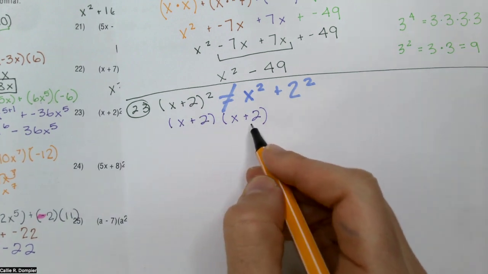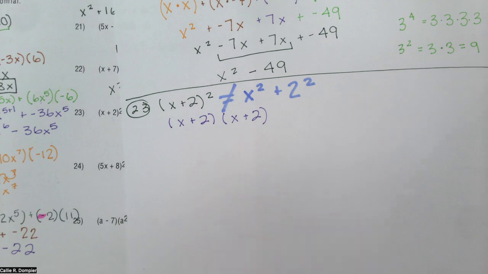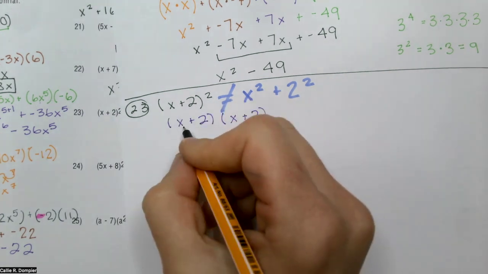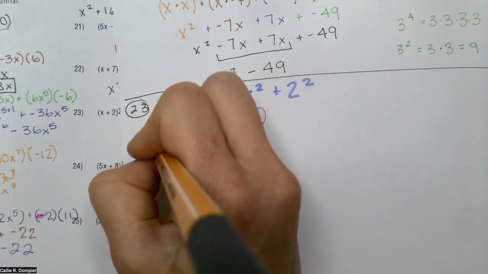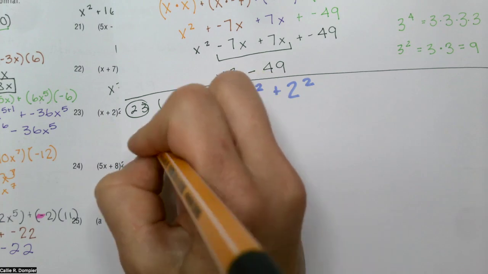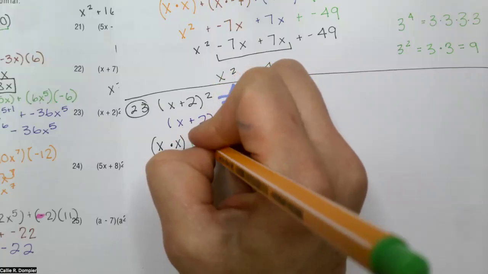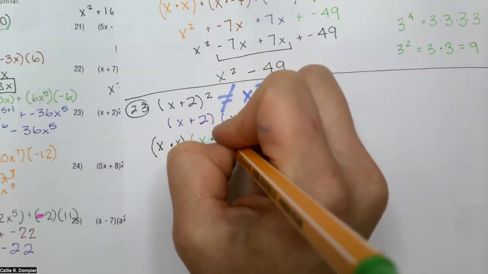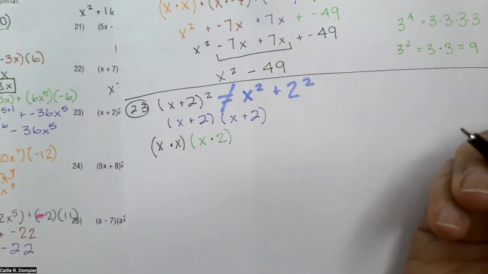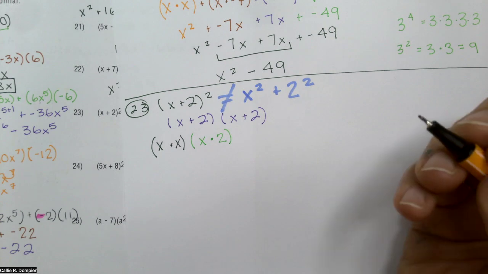All right, x plus 2 times x plus 2. First, we have x times x. Then we have x times 2. Good.